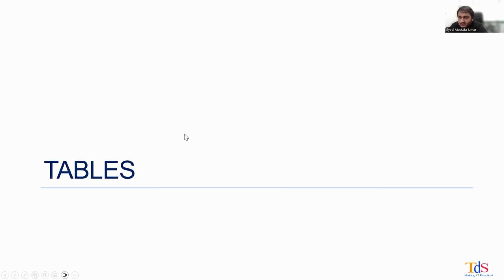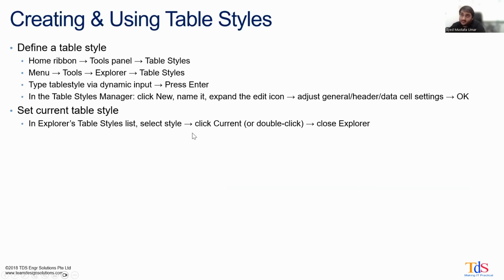Let's move towards tables. Again, as we saw with the dimensions, as we saw with text, the multi-leader, all those, they have a manager, but then at the same time, they have an explorer as well, and the manager slash explorer allows you to add, modify, delete, rename different styles.